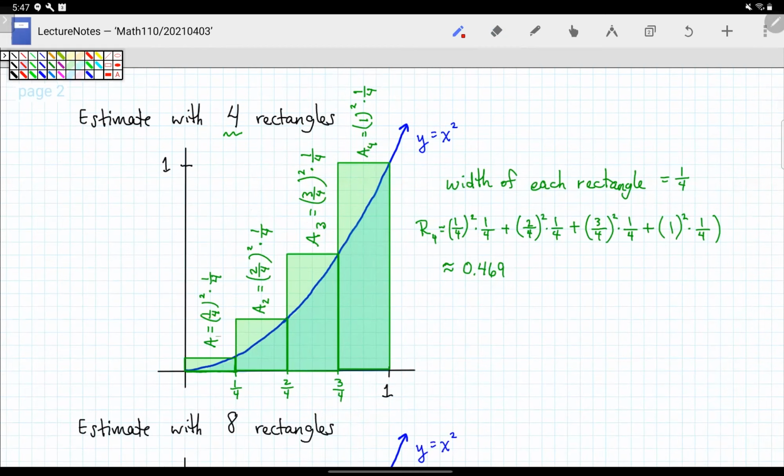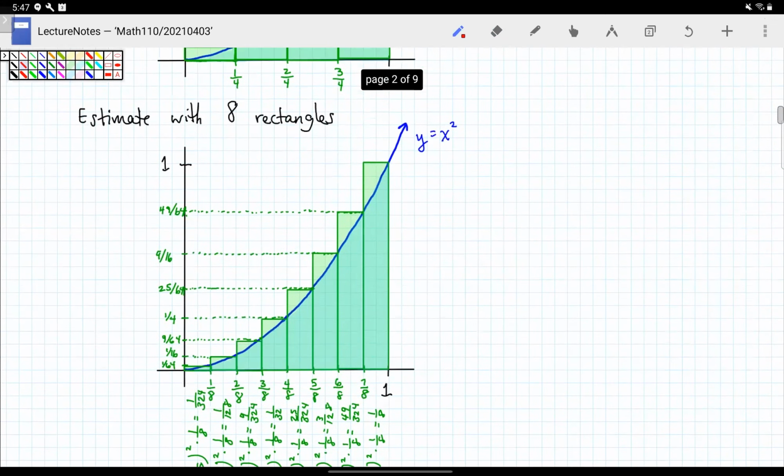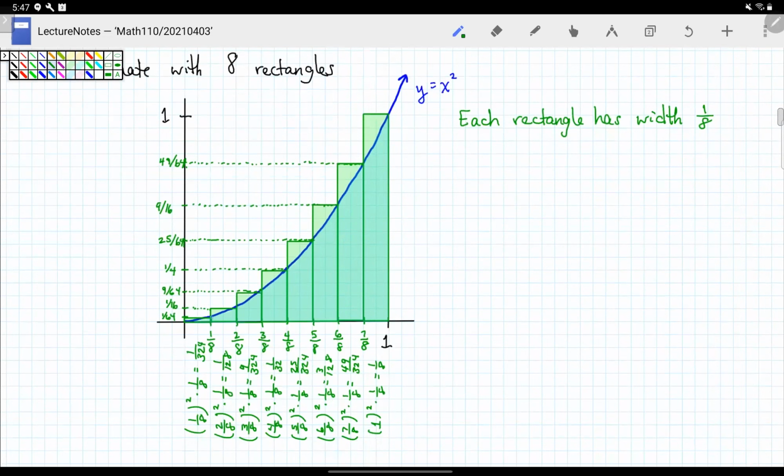All right, so with 8 rectangles, I already filled this in. I'm now dividing that interval from 0 to 1 into 8 subintervals. Each subinterval has width of 1/8. That means each rectangle has width 1/8. And the heights are determined by the right endpoint of the subinterval.